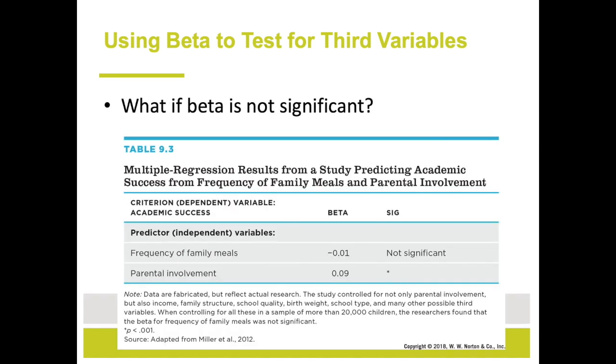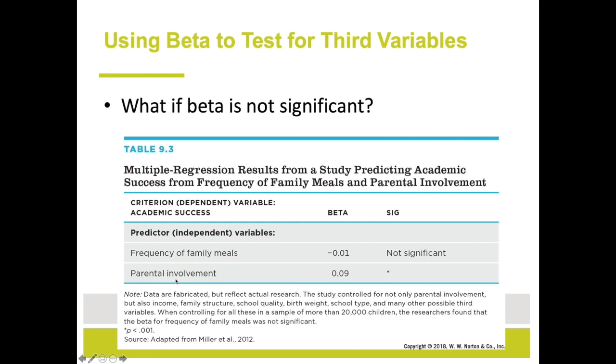So there's going to be some cases where when you control for another variable, it's going to make your predictor, the one you're most interested in, not significant. In this case, we're looking at academic success as the outcome, and we're predicting from frequency of family meals. And then we also have a variable, parental involvement.